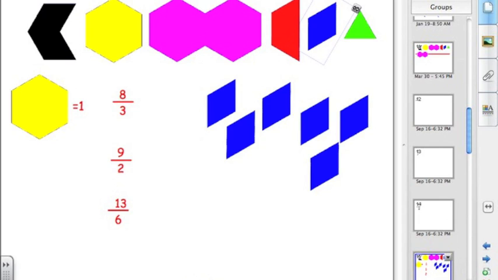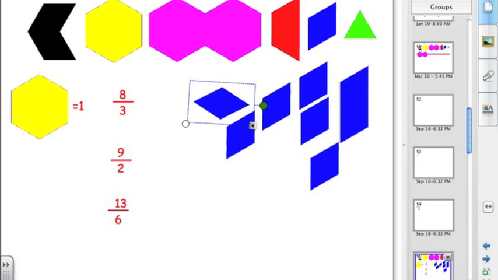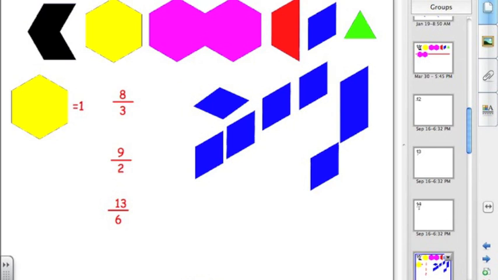And what do we do to make that a mixed fraction? Make all the wholes. See how many wholes you can make. Okay. Made 1.